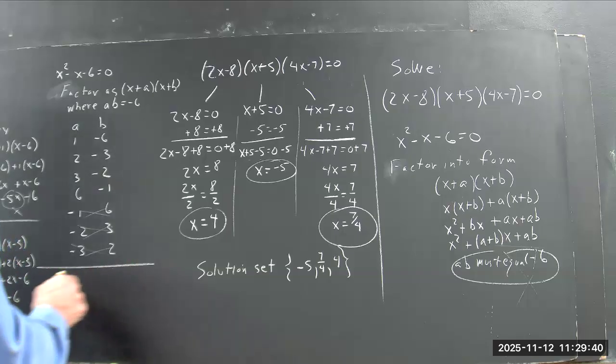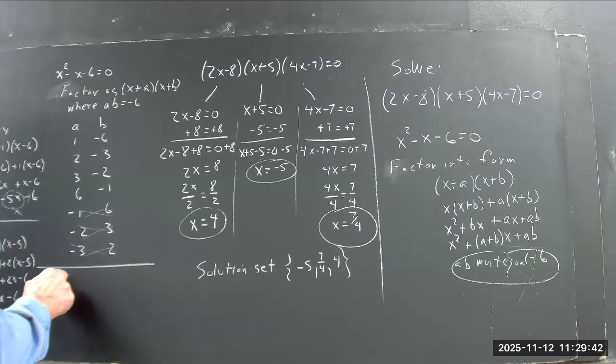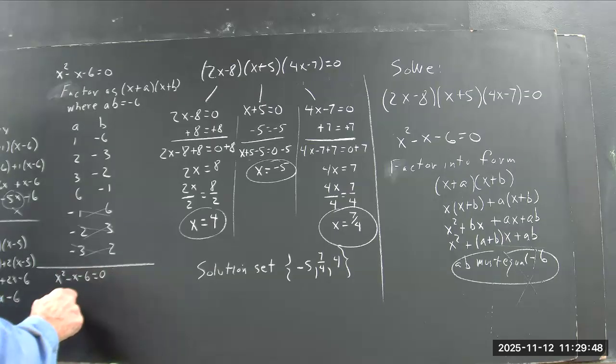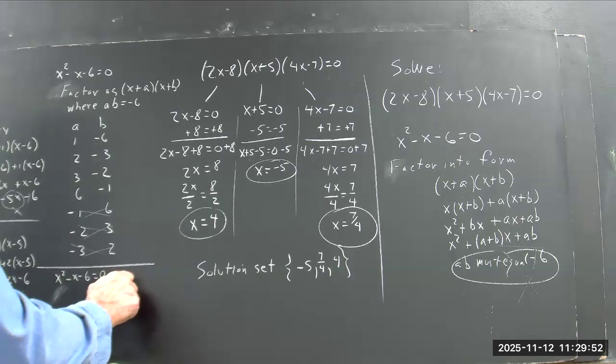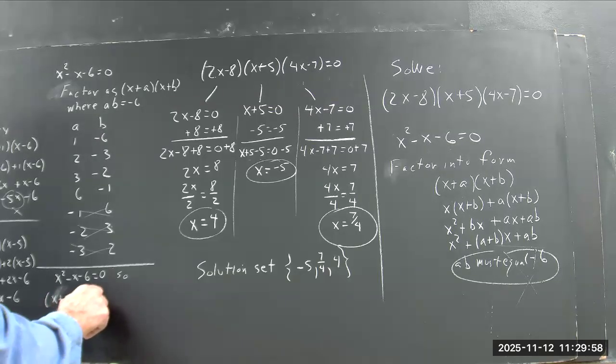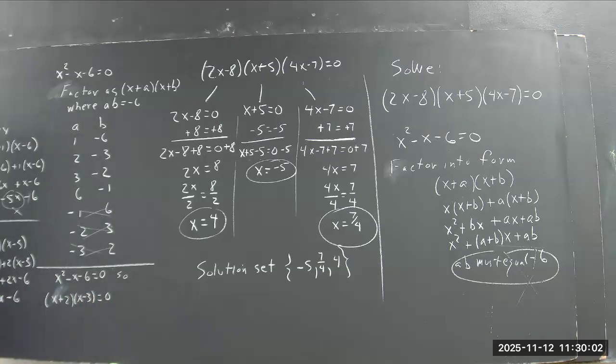Okay, so we can say that x plus 2 times x minus 3 equals 0.